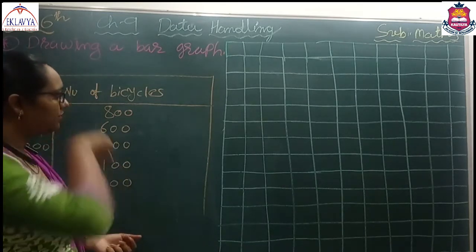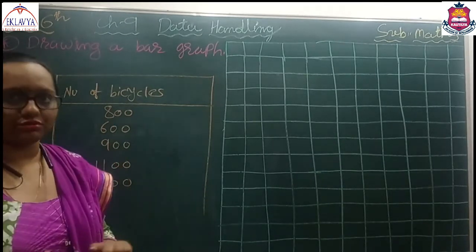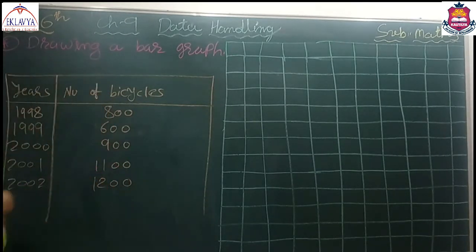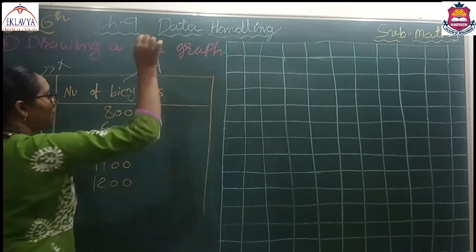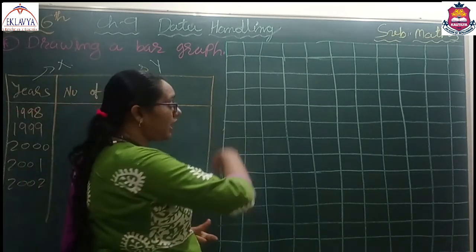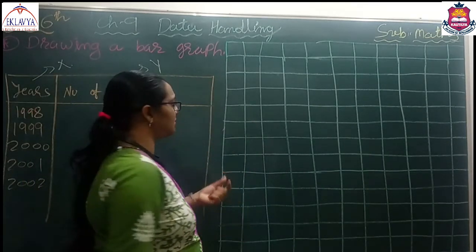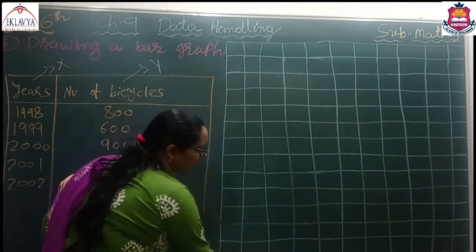First of all, we have to decide which details we will take on the x-axis and which on the y-axis. These are the things we will take on the x-axis and this on the y-axis. Now first we have to draw the x-axis and y-axis. I have always said to leave one box from here and here.